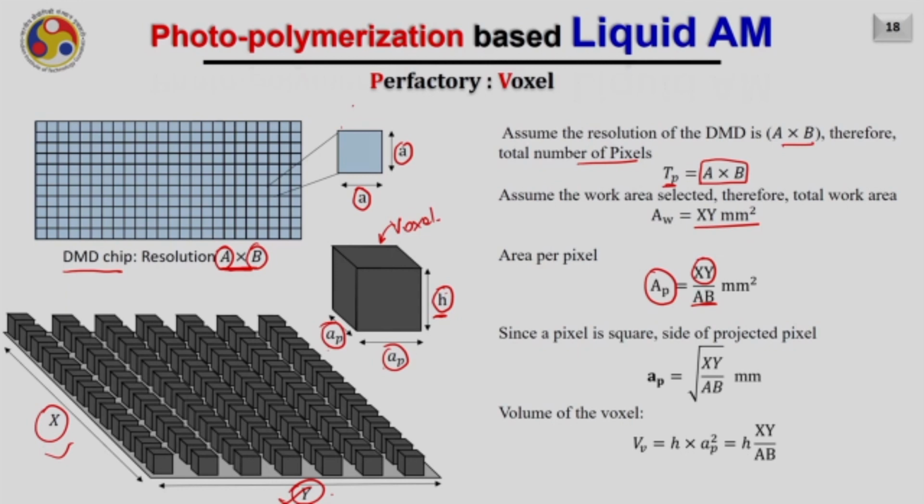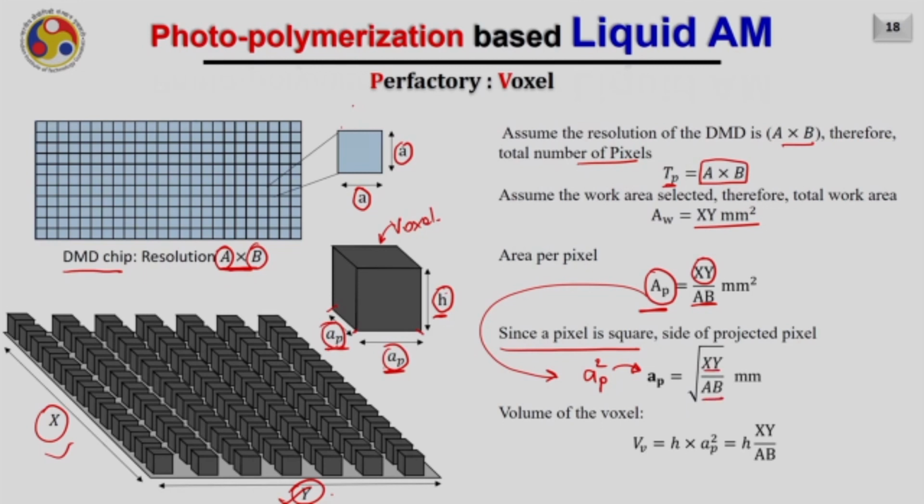As a pixel is a square, definitely the projected area will also be a square, and hence the side of the projected area can be obtained as AP. To calculate AP, we can replace the area of the projected area of the voxel with AP square, and hence you can find AP equals root over xy divided by AB.